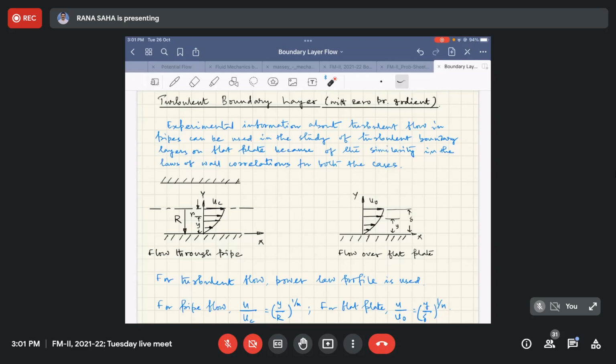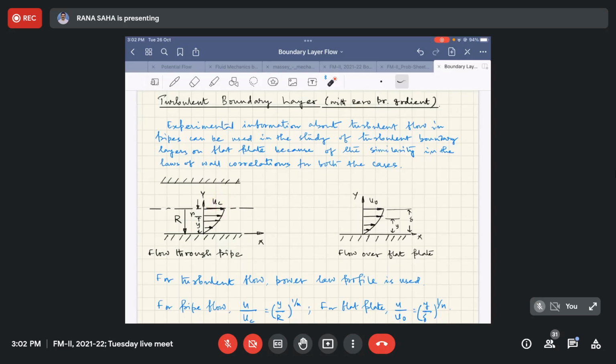Basically, as I have already stated while clarifying this U0, for a flow through a pipe, if you recall the development of the flow, there is a change in the velocity profile, and ultimately when the flow is fully developed, we have a parabolic kind of velocity profile, meaning at the center or axis, we have the maximum velocity designated by UC.